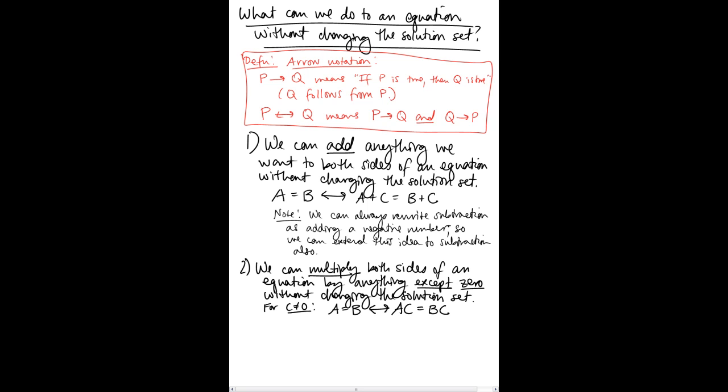And so, similarly to the case for addition, we want to point out division can always be rewritten as multiplication. You just multiply by the reciprocal. Dividing by 2 is the same thing as multiplying by 1/2, for example.